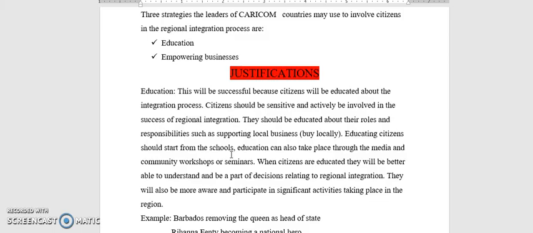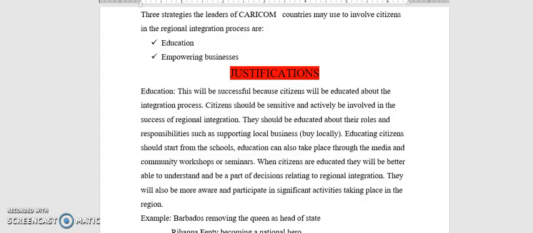So when citizens are educated, they will be better able to understand and be a part of decisions relating to regional integration. They will also be more aware and participate in significant activities taking place in the region.